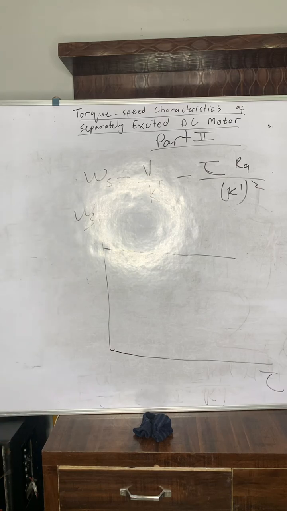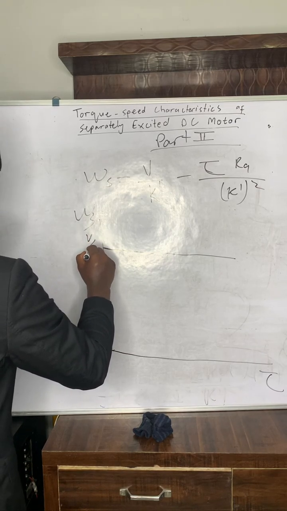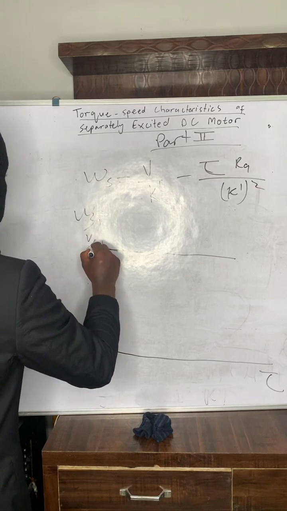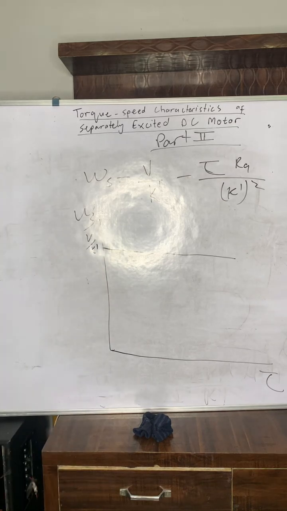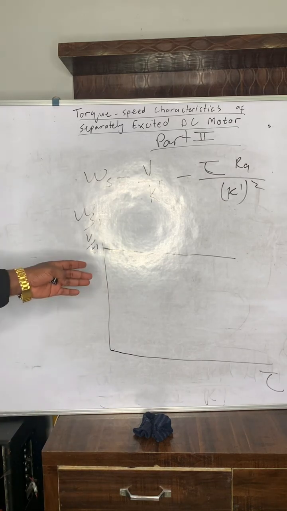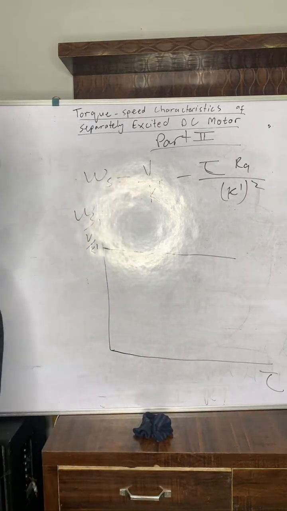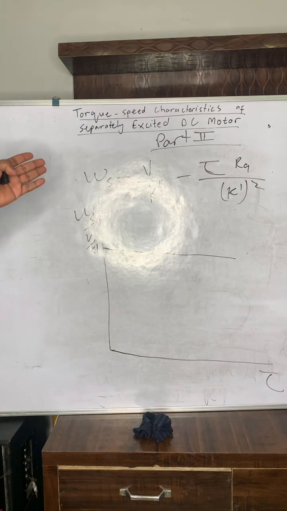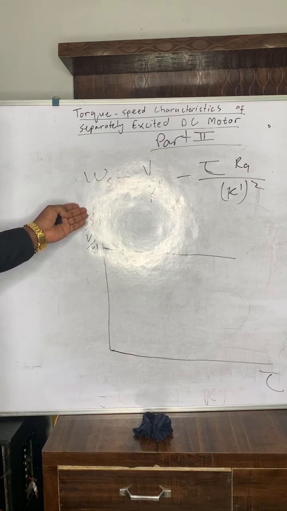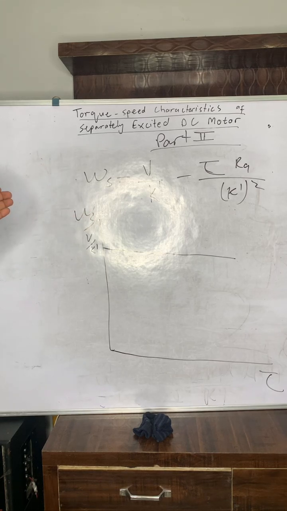This is the torque speed characteristic of the separately excited DC motor, whereby on the y-axis we have the speed and on the x-axis we have our torque.